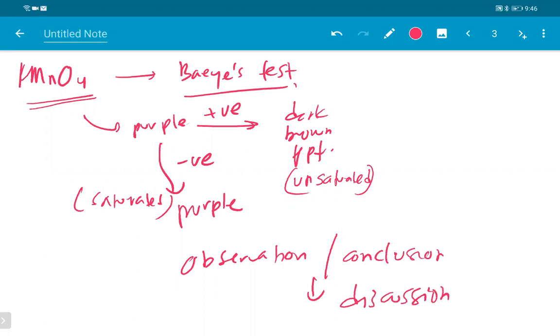We're going to put all of the chemical equations dekat bahagian discussion nanti. Ceritalah sikit pasal Baeyer test ni apa semua, and then tulislah chemical equation which involves in the reaction. Bagi penjelasan sikit, kenapa dia bertukar, apa yang menyebabkan color dark brown precipitate and so on.